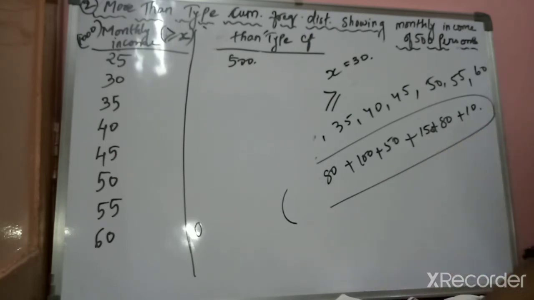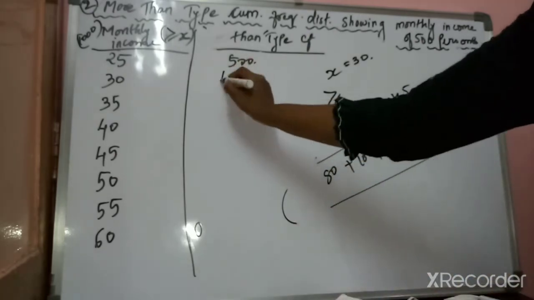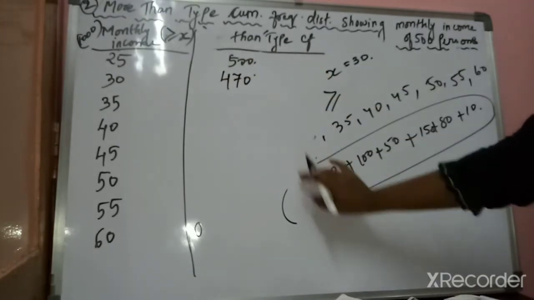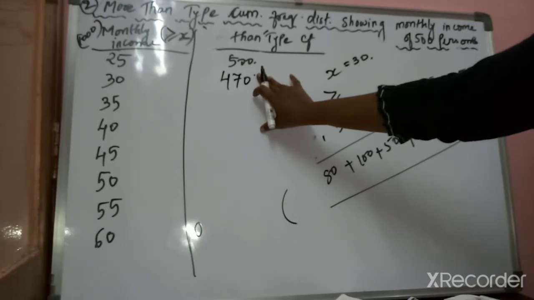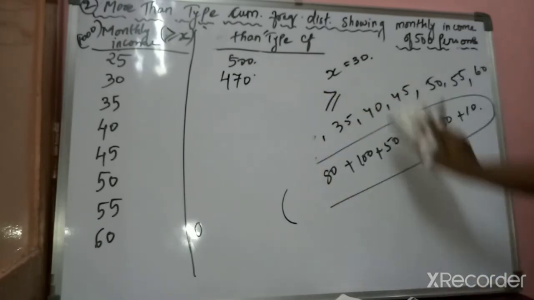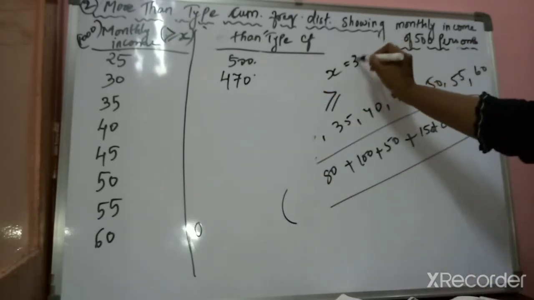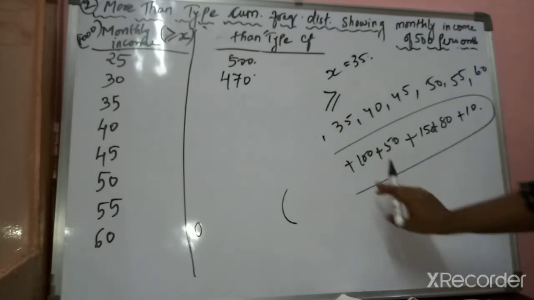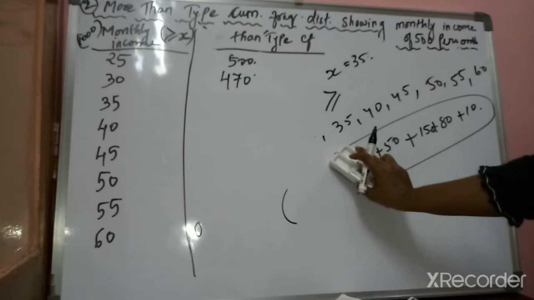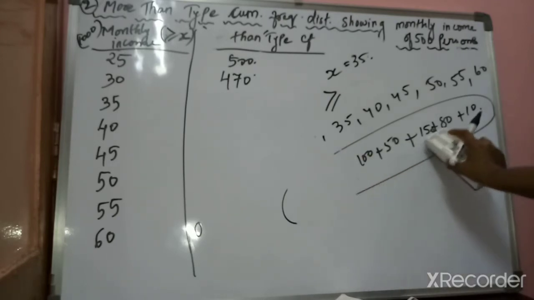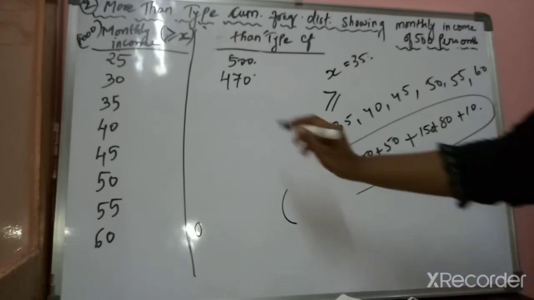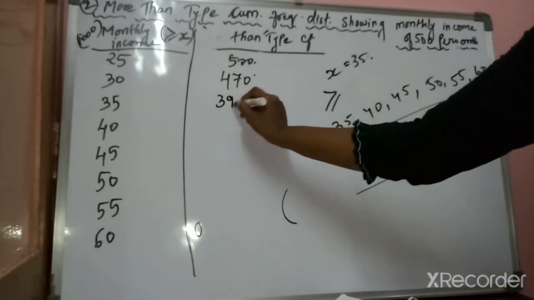So what is the answer? 470. Or else you can do like this, from 500 just deduct 30. So it would be 470. Now the next is your x is 35. So deduct again one more, that is your 80. So 100 plus 150 plus 50 plus 150 plus 80 plus 10. So it would be 390.